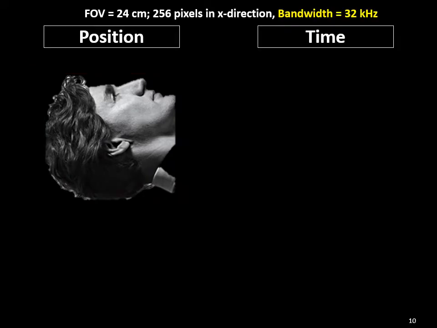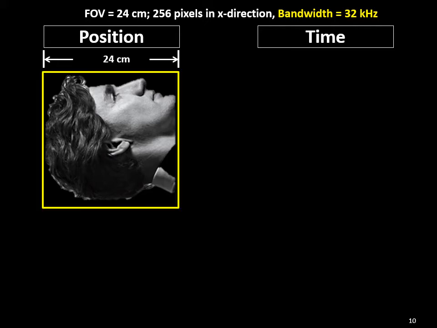Let's look at the same example and assign a bandwidth of 32 kilohertz to the same field of view and the same number of pixels. Here's our field of view. Once again, we have x equals minus 12 on the left and x equals plus 12 on the right with 0 in the middle.